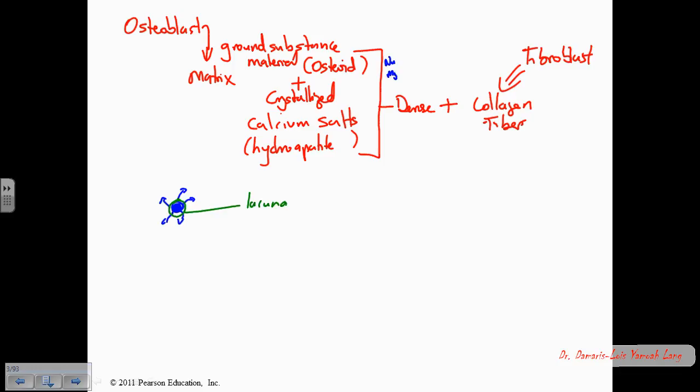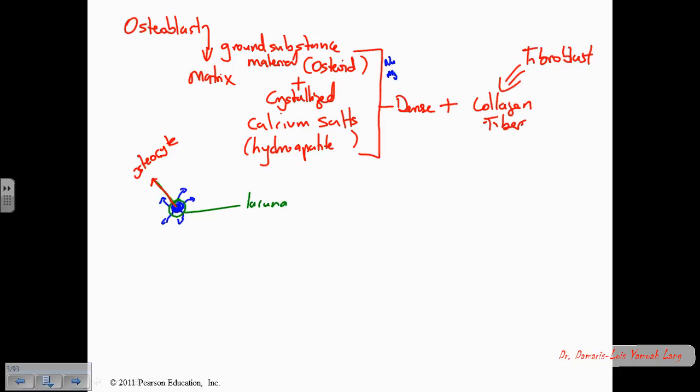While it's secreting, it can move. But when it gets crystallized, it can't move anymore. And this osteoblast will no longer be called osteoblast. It's going to be called what? Osteocyte, which is the mature form of the bone.